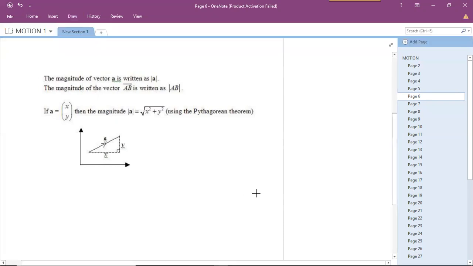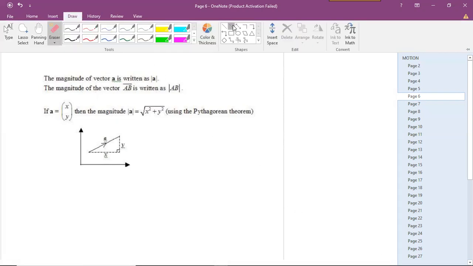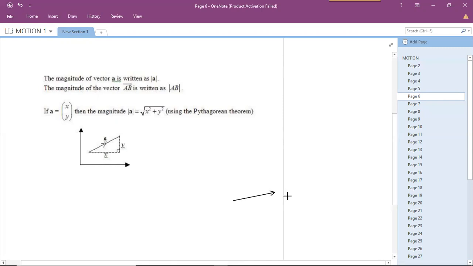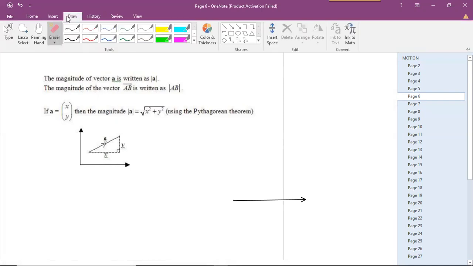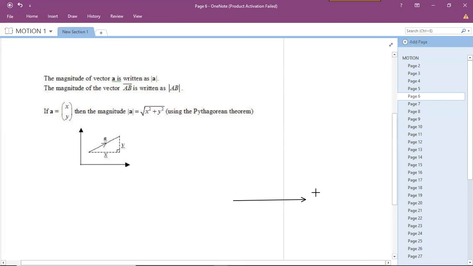One vector is moving like that. Arrow. So one vector is moving like so. And the other vector is moving like so.